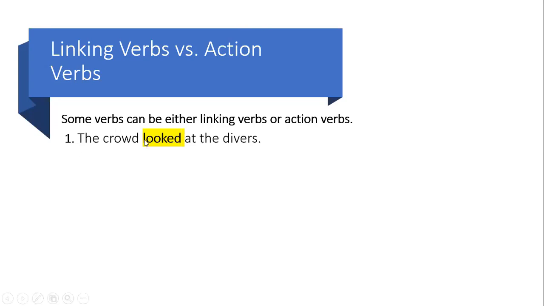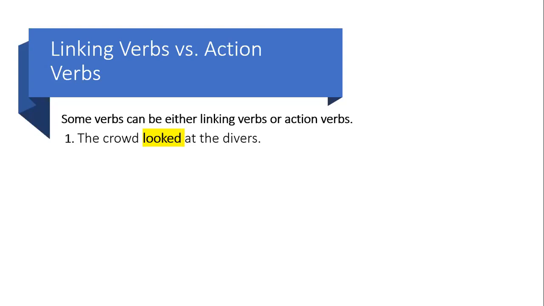So the crowd looked at the divers. Now we have to ask ourselves, is this something that the crowd is actually doing? Or is there a word in the predicate that renames or describes the subject?